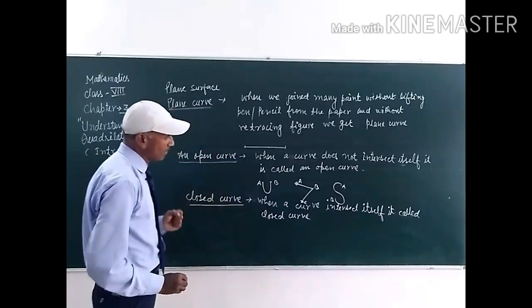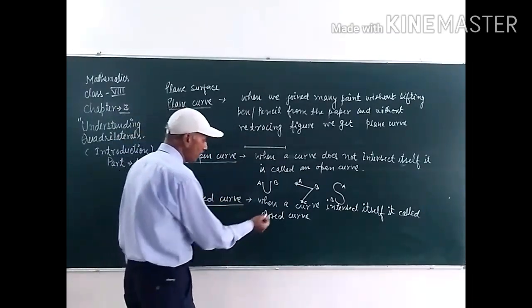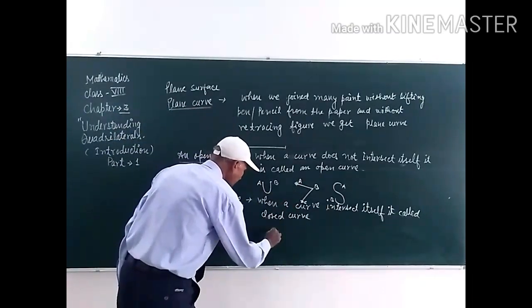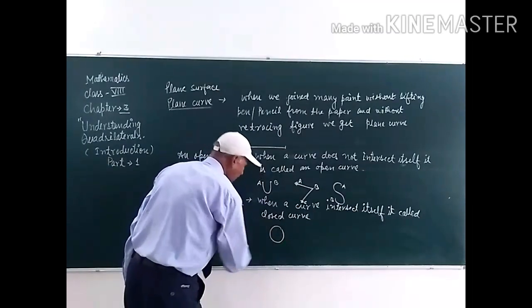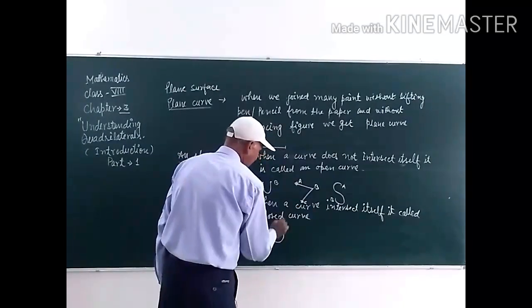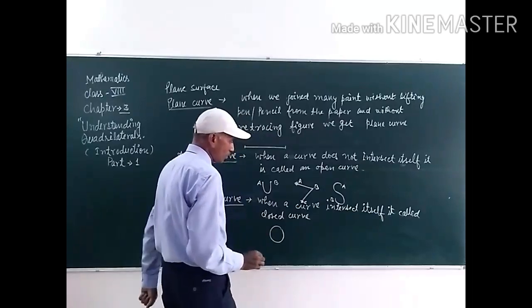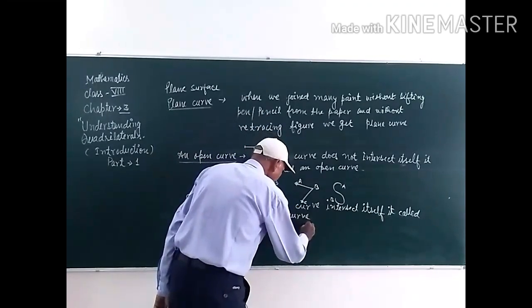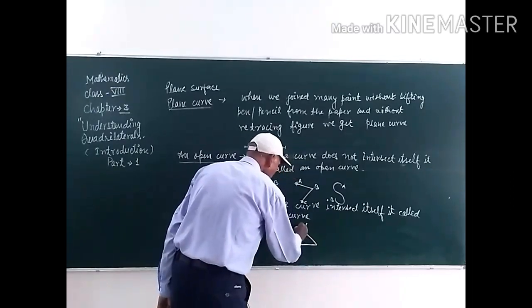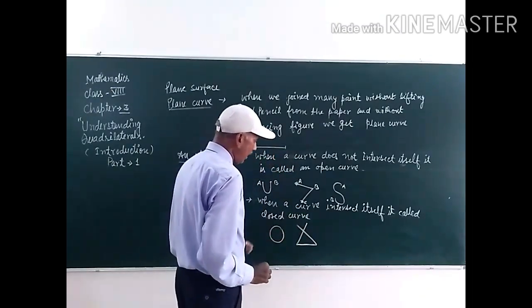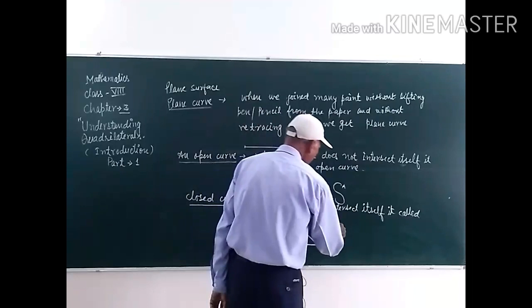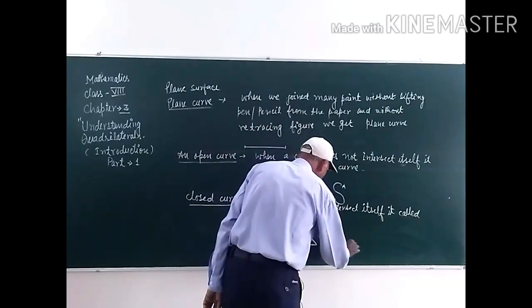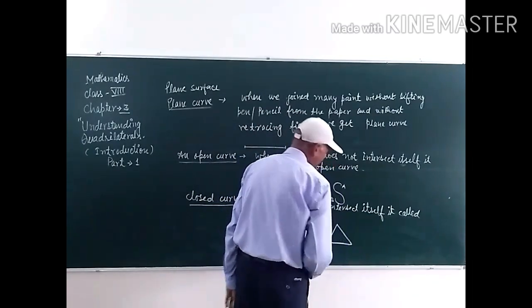Now we will give some examples of closed curve, students. So this is a closed curve. This one is a closed curve, and this one is also a closed curve, and this one is a closed curve, students.